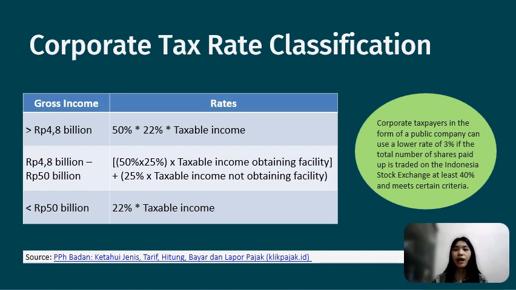And in addition, if the total number of shares paid up is traded on the Indonesia Stock Exchange at least 40% and meets certain criteria, the company can use a lower rate of 3%.